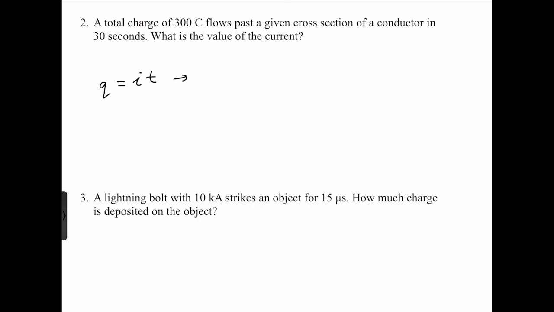We can manipulate that, and we get I is equal to charge over time. The charge is 300 coulombs, and the time is 30 seconds. So the current is equal to 10 amperes.